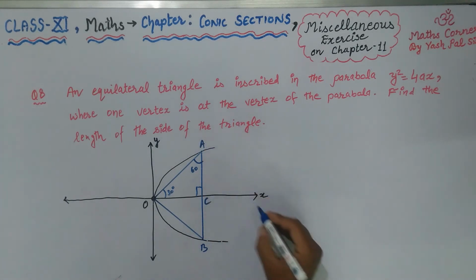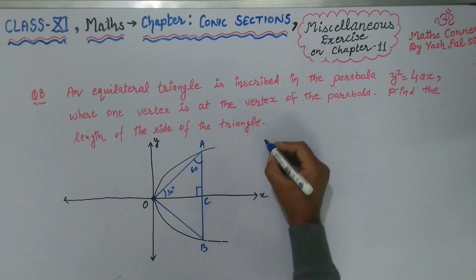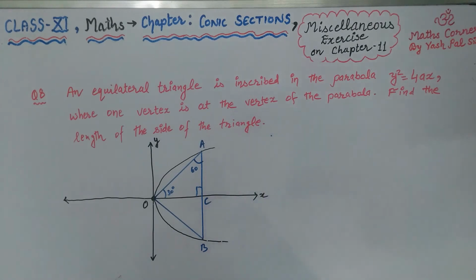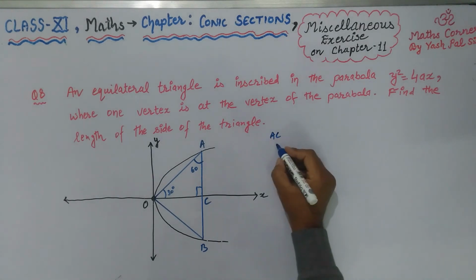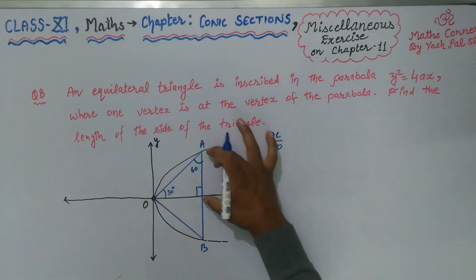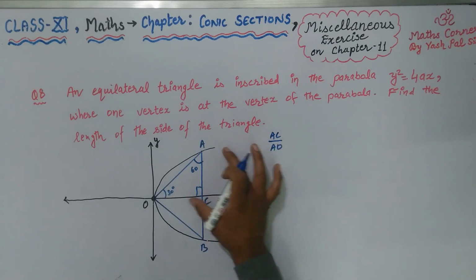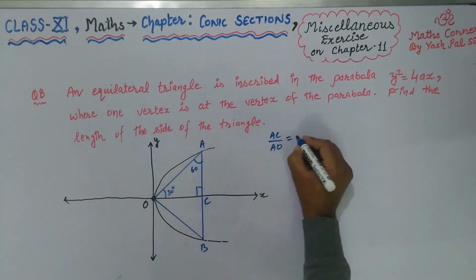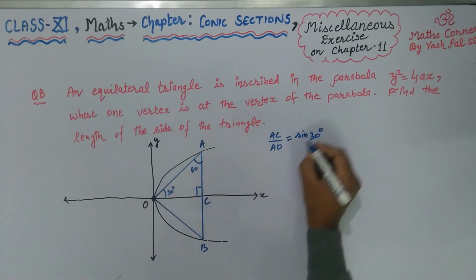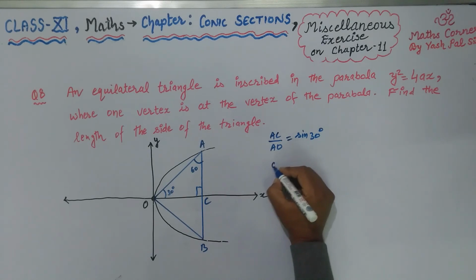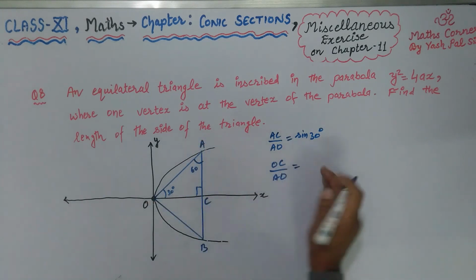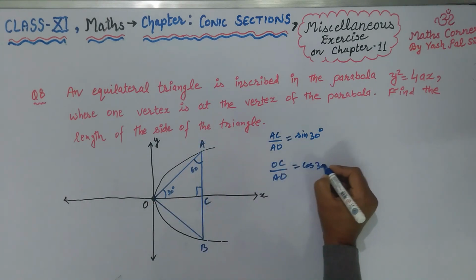Now what are the coordinates of A? Suppose here we can say AC divided by AO, height divided by hypotenuse, that is perpendicular divided by hypotenuse, that is sine 30 degrees. Likewise we have OC divided by AO, this is equal to base divided by hypotenuse, cos 30 degrees.